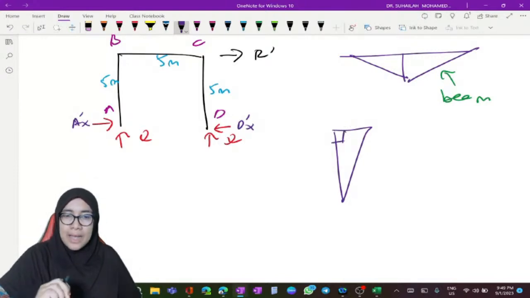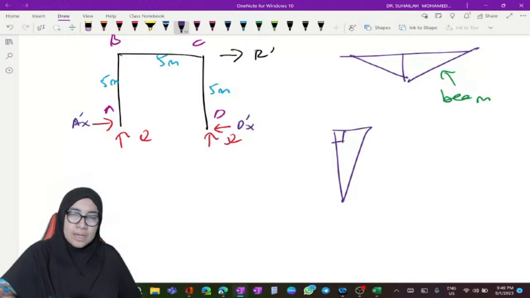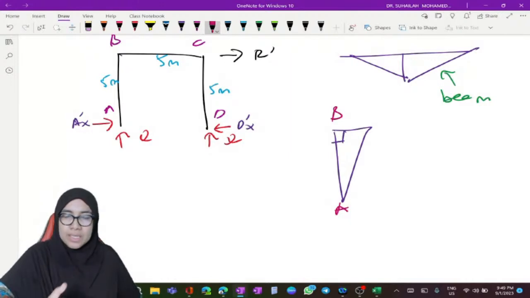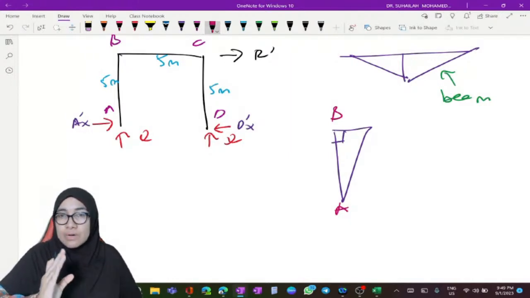Okay, and we need to refer to the fixed end moment formula. Fixed end moment means that we have to apply moment at both ends, A and B. Originally the member AB is vertical.